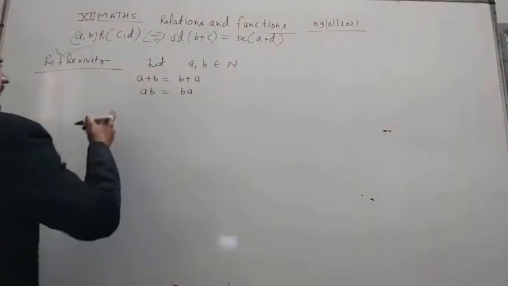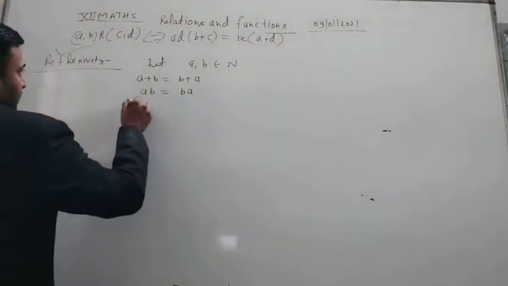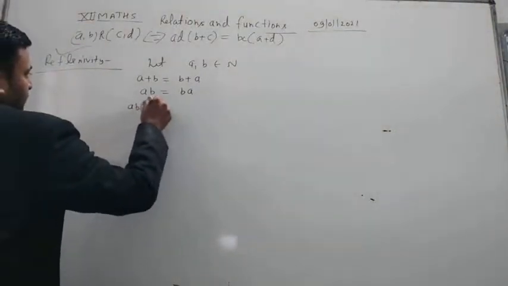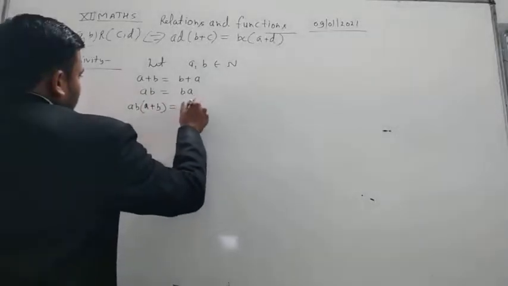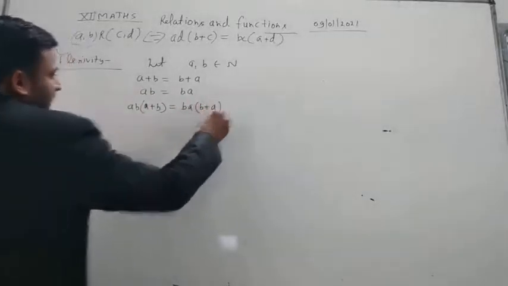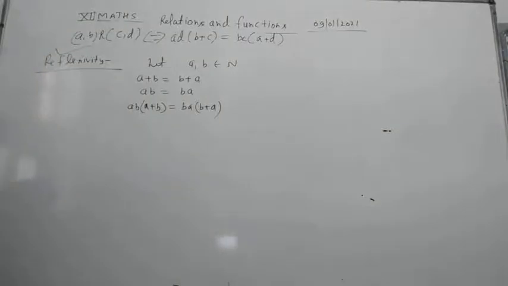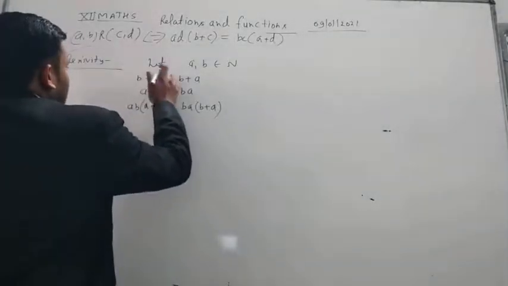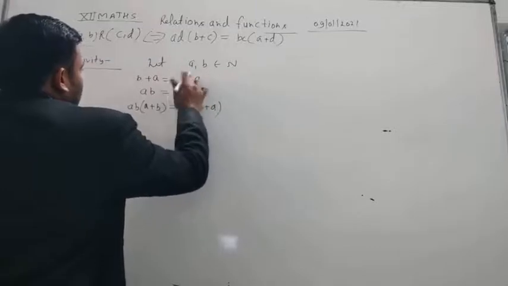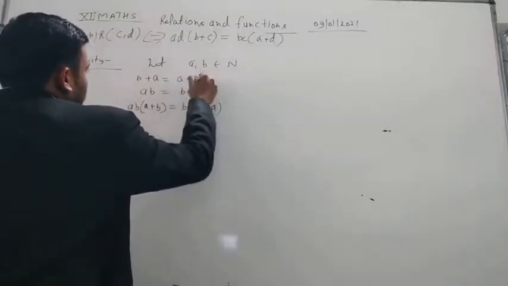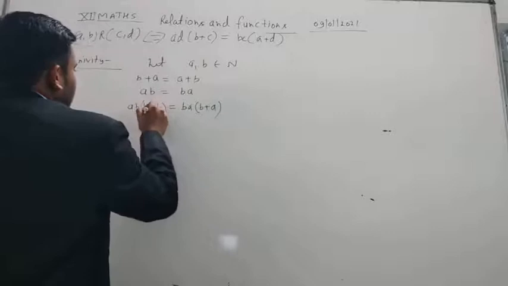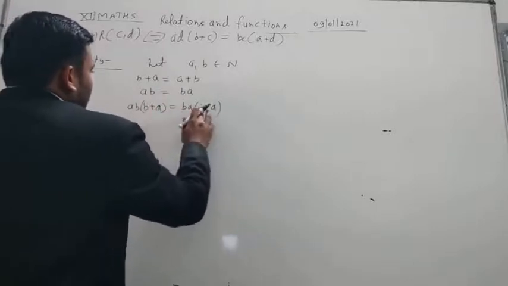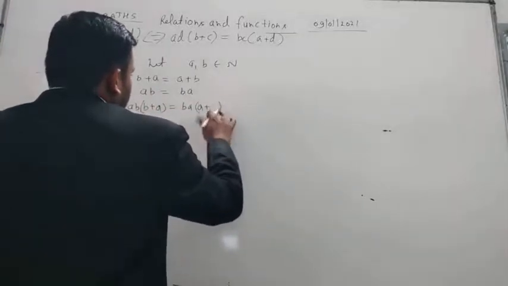When we combine these two, we get AB(A + B) = BA(B + A).